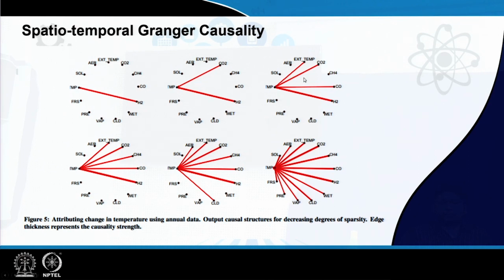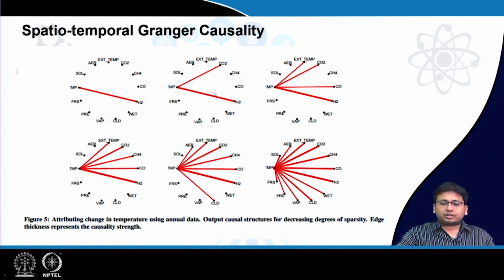As we reduce the sparsity further, carbon monoxide, etc., become predictors, and so on. Gradually, as we keep relaxing the sparsity, we see more and more drivers being added. But the catch is that when the sparsity is very high, we get only the most crucial drivers, and those seem to be hydrogen, carbon dioxide, etc.